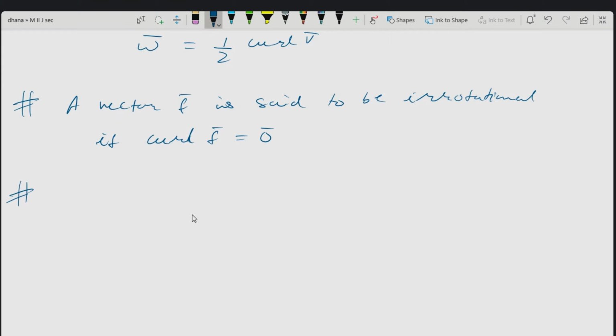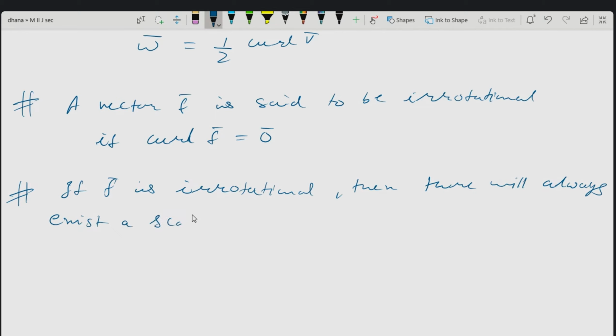Now another point: if f bar is irrotational, that means curl of f bar is equal to 0 bar, then there will always exist a scalar function phi of xyz such that f bar is equal to gradient of phi. This kind of question they will ask.